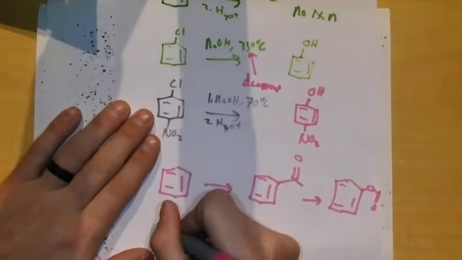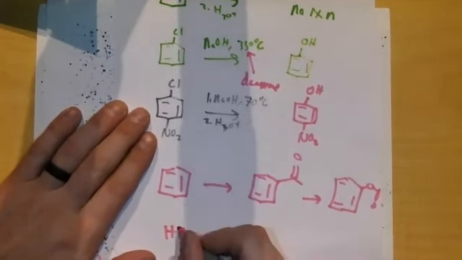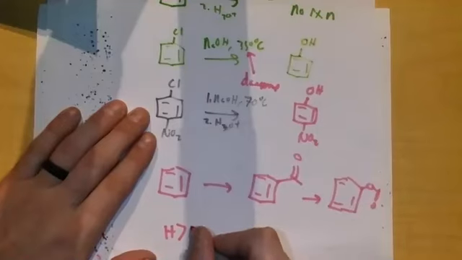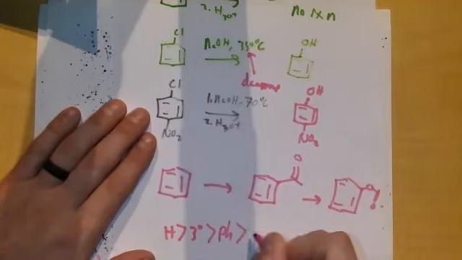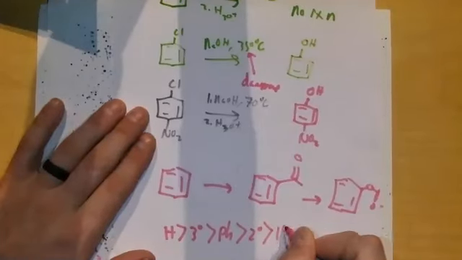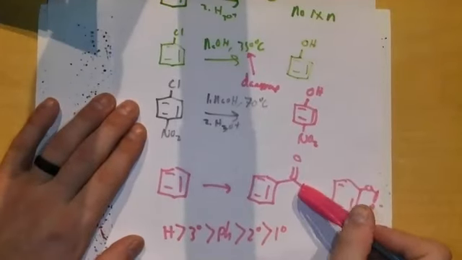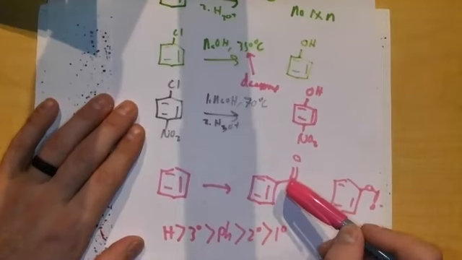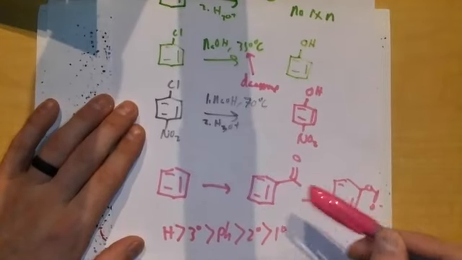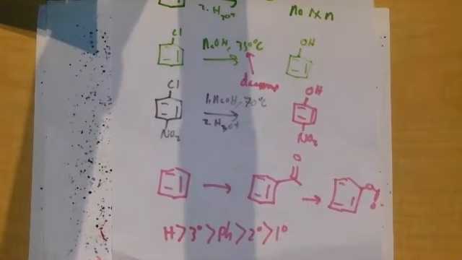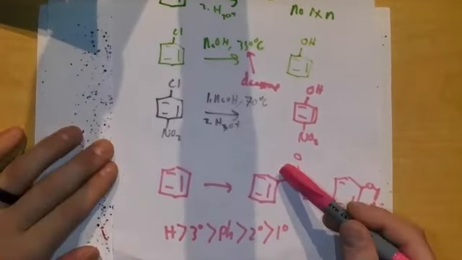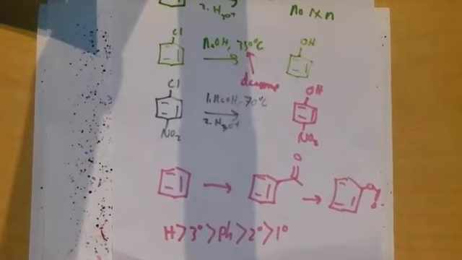It's most reactive if it's H followed by a tertiary position, followed by a phenyl position, secondary, primary. So here I have a primary and a phenyl group. So it's going to insert itself in between the ring and the carbonyl here.